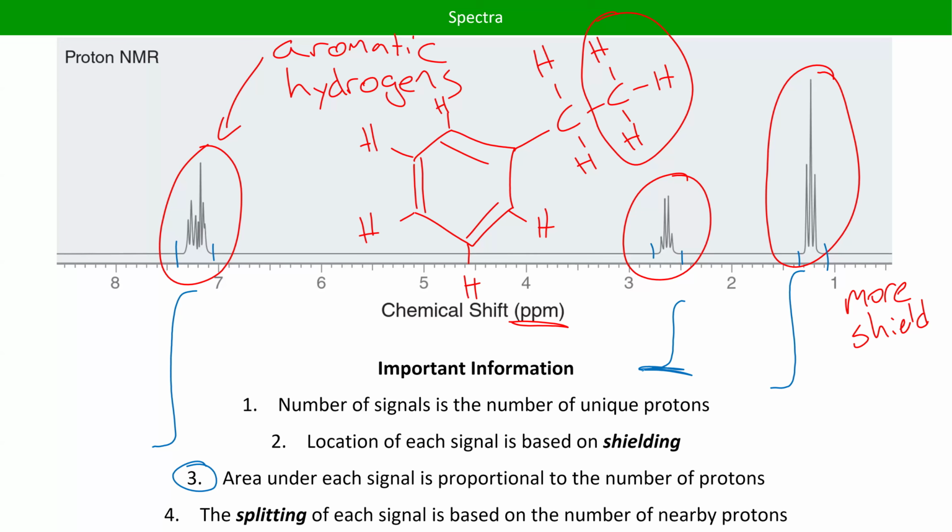So basically, to know how many hydrogens are in there, we just say, okay, whatever your smallest S is, call that 1. And then everything else is going to be relative to that. So if that's a 1, this is a 1.5, this is a 2.5. We can't actually have 1.5 and 2.5 for the number of hydrogens, right?